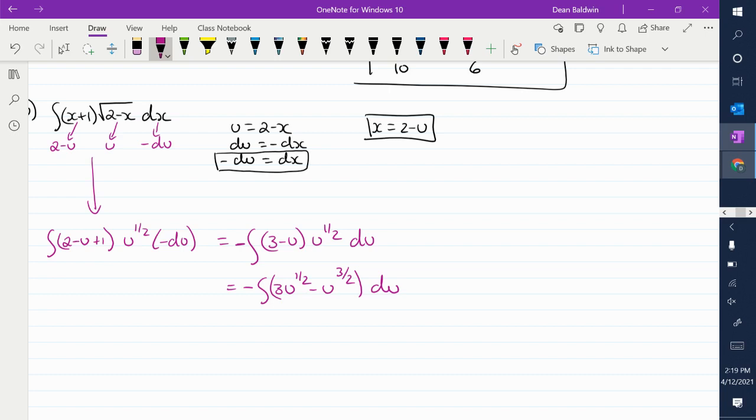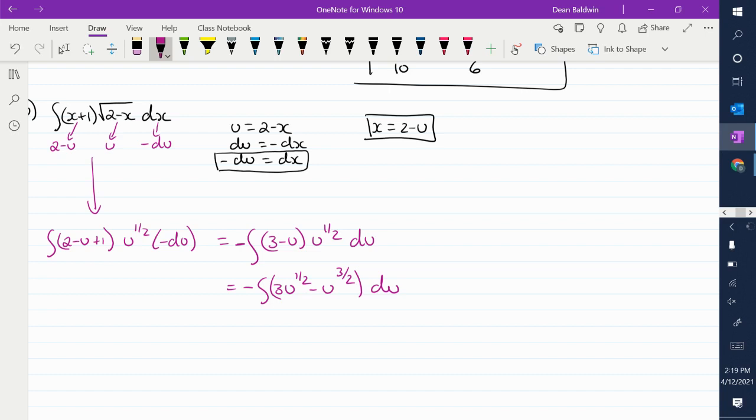I haven't finished it yet. That's where I got to. So U is 2 minus X. Du is equal to negative dx. So I divide off the negative. So negative du is equal to dx. There's that substitution.